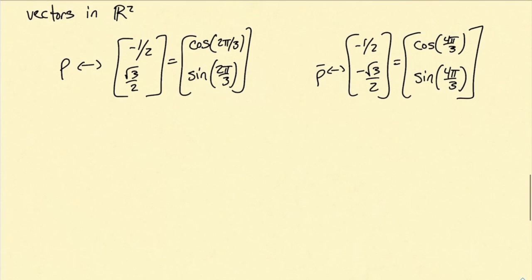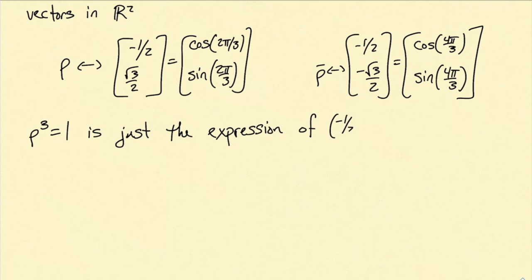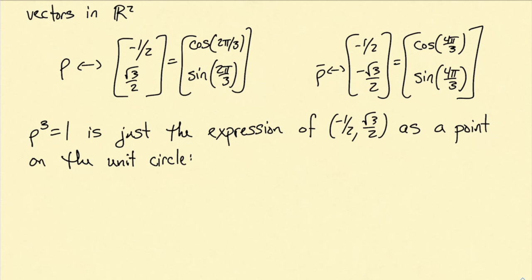Both of these vectors point towards the unit circle. If we view this in the right way, the relation rho cubed equals 1 is nothing more than the expression of the point negative 1/2, root 3 over 2 as a solution to the equation x squared plus y squared equals 1. So 1 is equal to rho cubed.